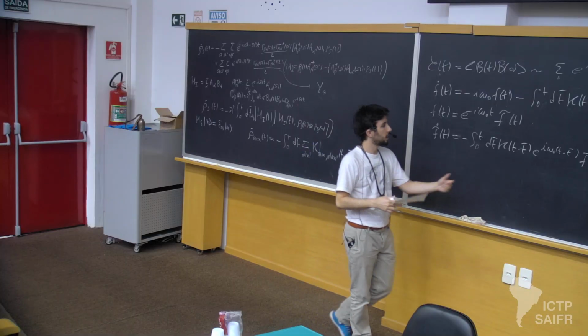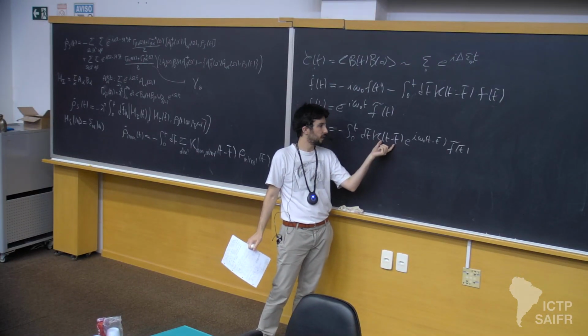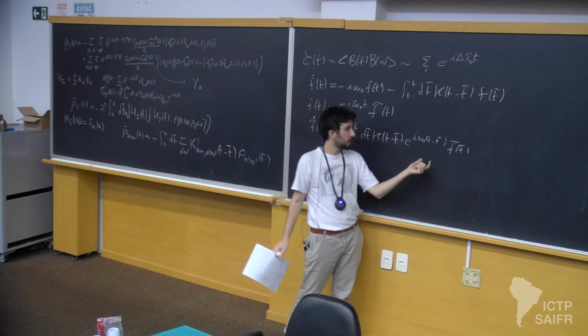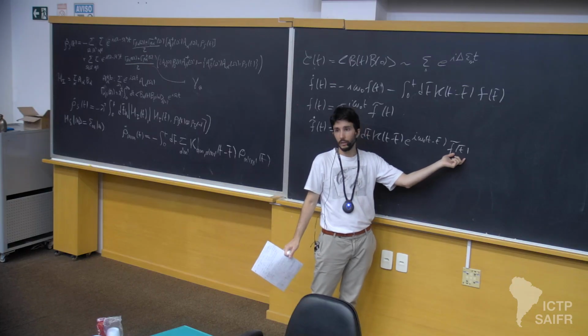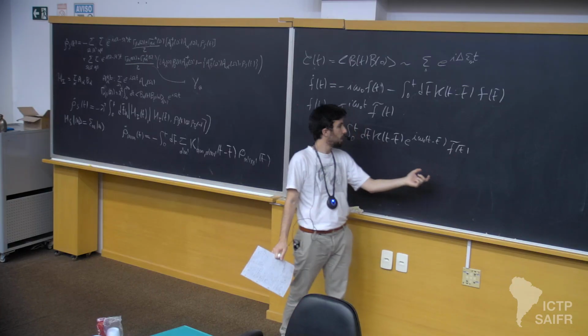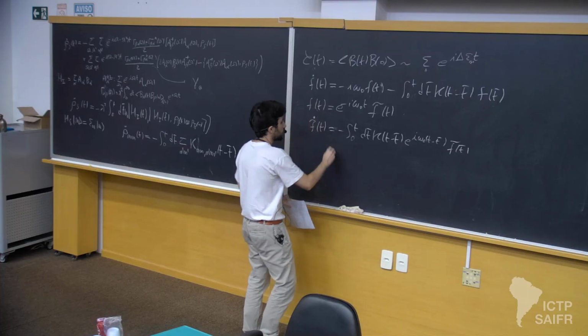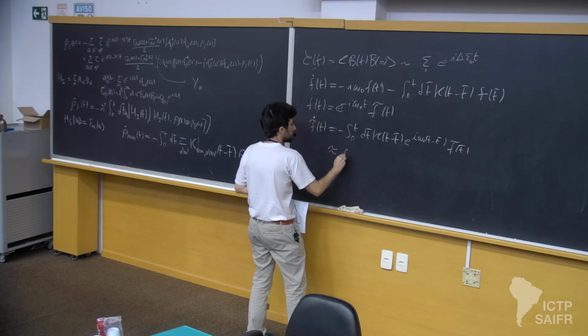It's the same reasoning. We assume that this object is decaying sufficiently fast with respect to the time scale of decay of f tilde. So this is a slowly varying function, whereas this is fast. Also, this is fast. So essentially, we pull this out of the integral.